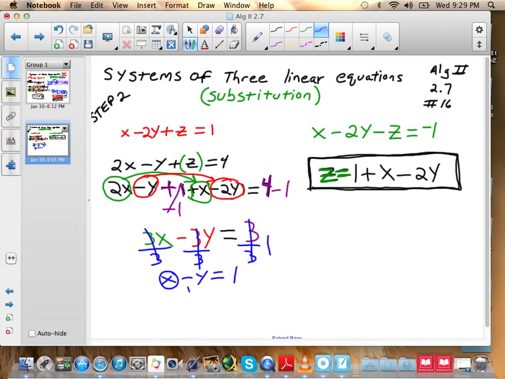I'm going to do that by adding y to this side, and that gets rid of this term. And what I do to one side, I have to do to the other, which is y. So the final process of this becomes x equals 1 plus y.